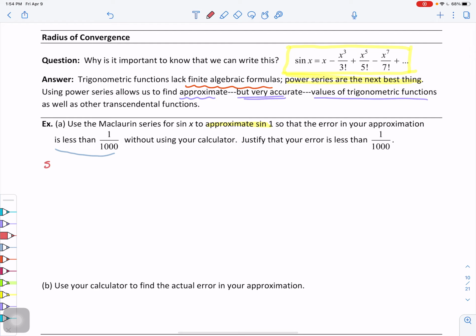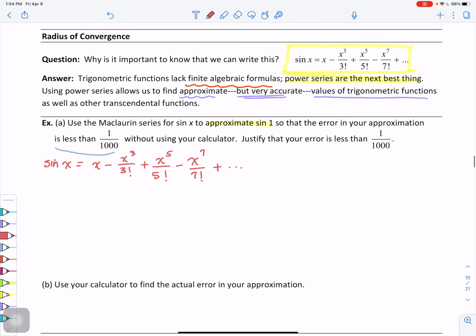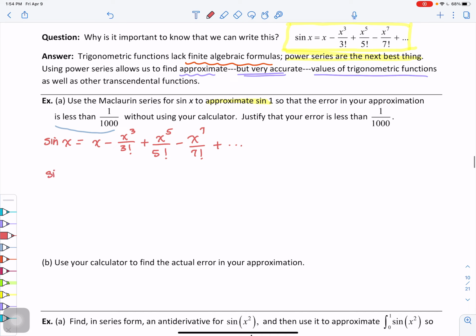If you'll remember, the Maclaurin series for the sine of x is x minus x cubed over 3 factorial plus x to the 5th over 5 factorial minus x to the 7th over 7 factorial, and so forth. So if we're going to approximate the sine of 1, everywhere there's an x, we're going to put a 1.